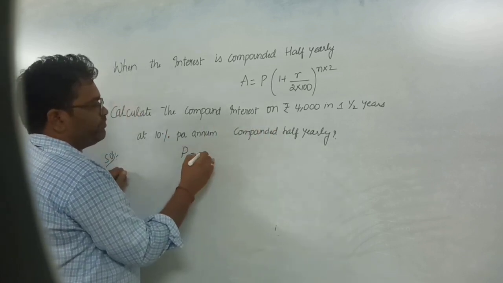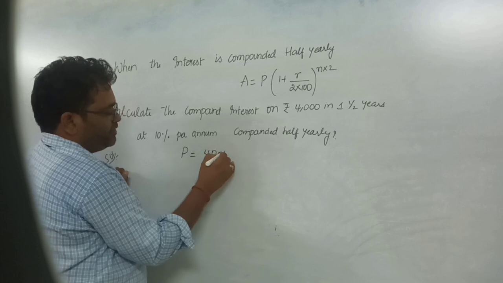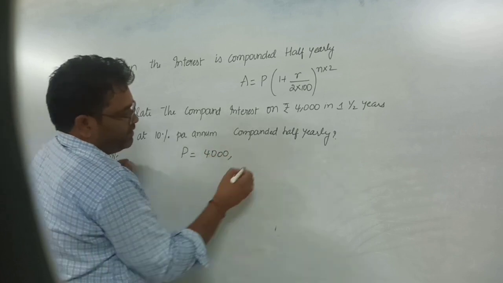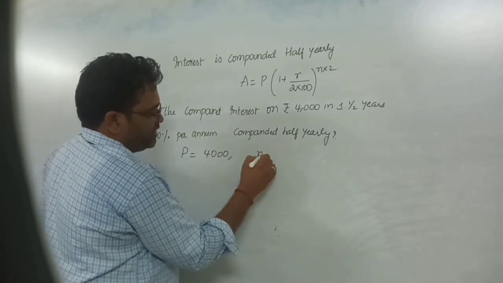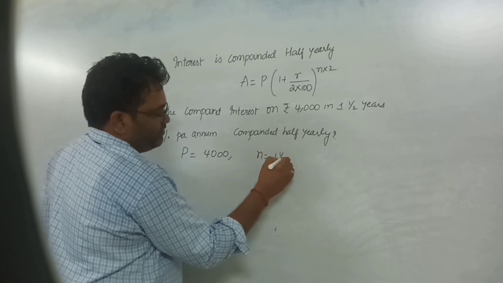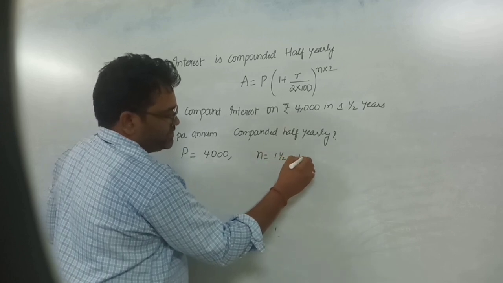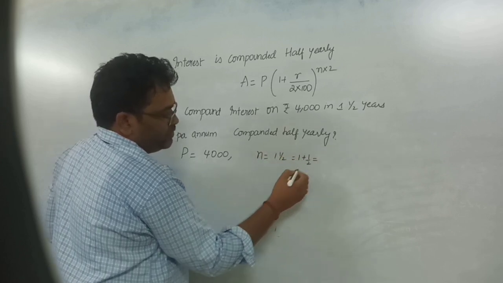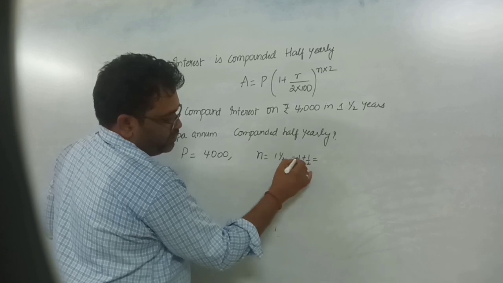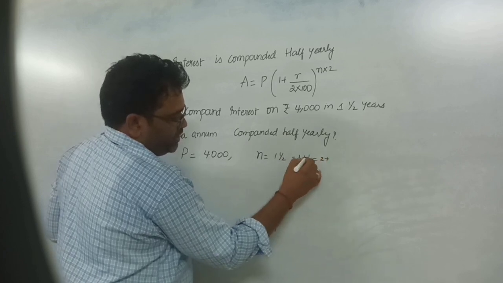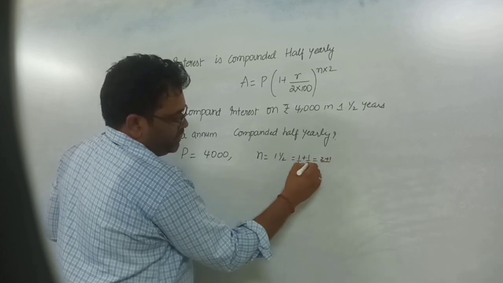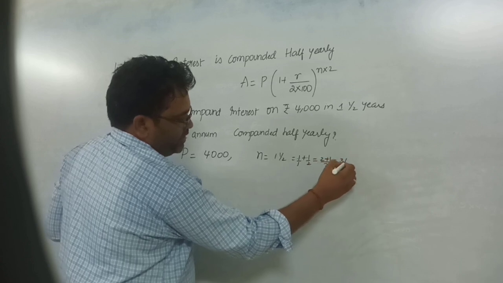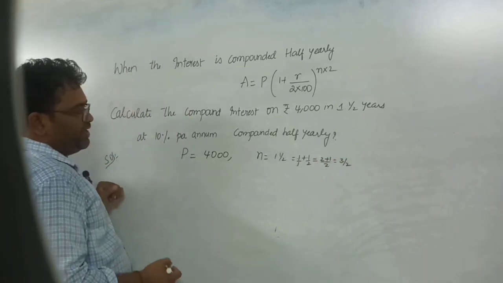P is equal to 4,000 rupees and N is equal to 1.5 years. So we can write 1 plus 1 by 2, that is 3 by 2. N is equal to 3 by 2.